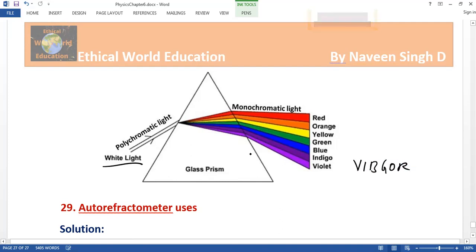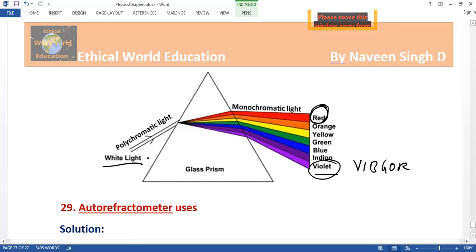The most deviated color is violet, and the least deviated color is red. This is a very important point. They will ask in the examination which is the most deviated color: violet is the most deviated one, and red is the least deviated, as you can see from this prism.